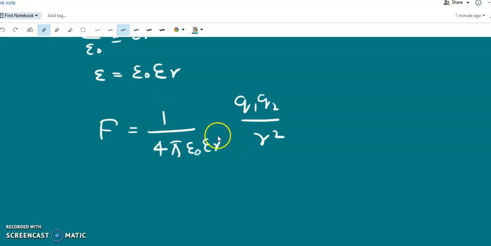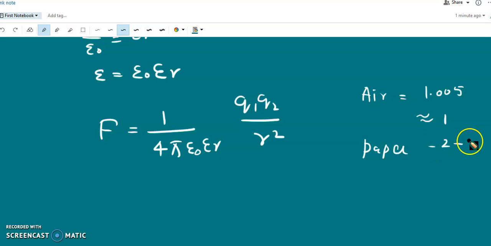We have seen that the value of epsilon R is greater than 1 for any media other than free space or air. So the values for different media can be tabulated. For air it is 1.005, so it is approximately taken as 1, and for paper it is 2 to 2.5, and for mica it is 3.6, and for water it is 8.